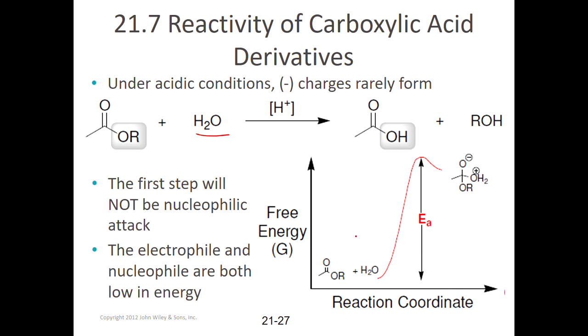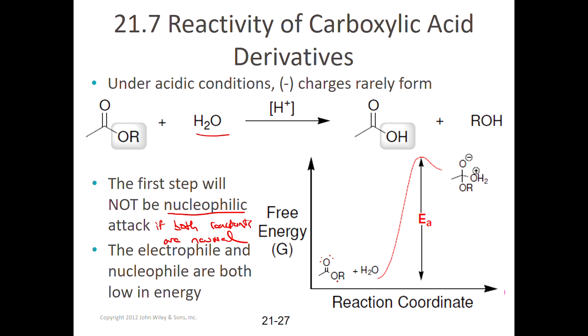One thing I want to look at is I don't expect a nucleophilic attack to occur if both of my reactants are neutral. So the first step will not be a nucleophilic attack if both reactants are neutral. And that's because they're probably both relatively weak.